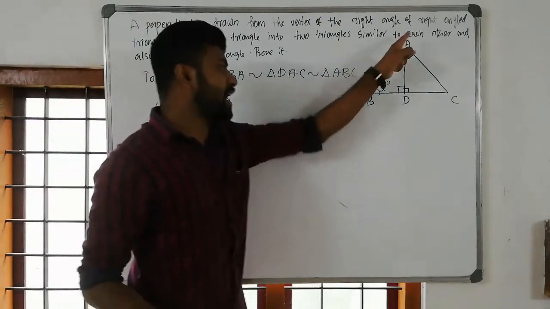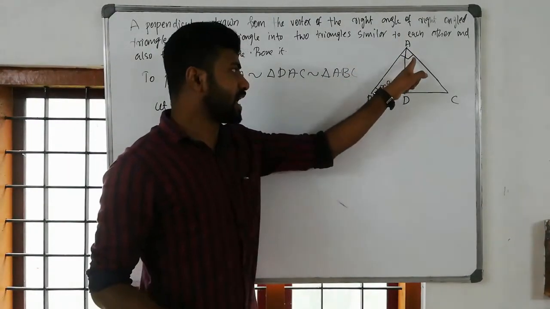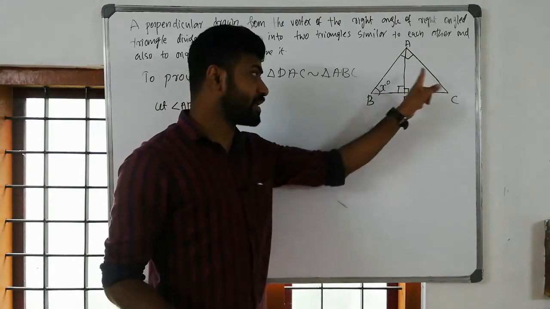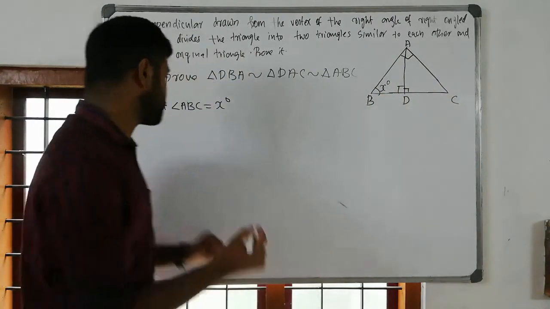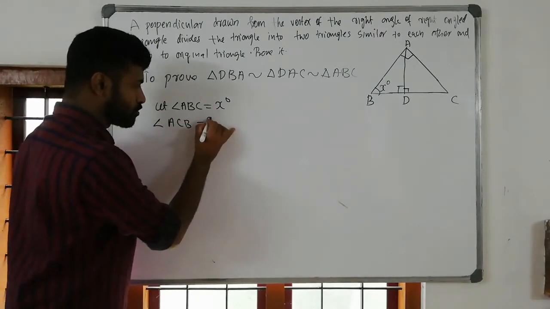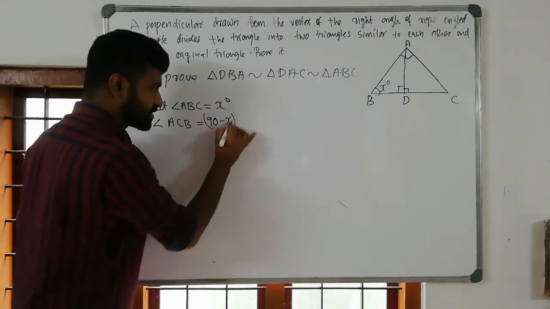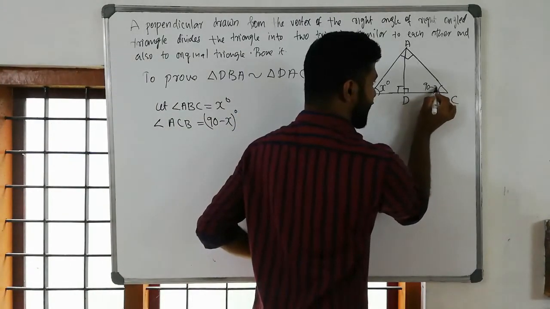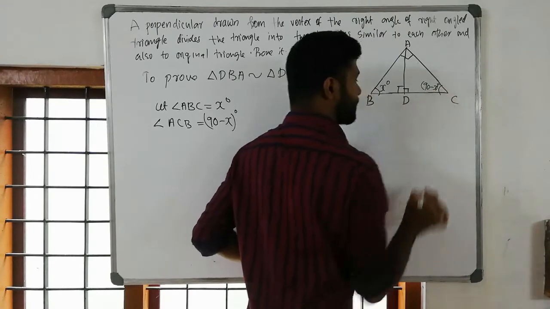In triangle ABC, angle A is 90 degree, angle B is x degree, then the remaining angle C, that is angle ACB, equals 90 minus x degree. So angle ACB is 90 minus x degree.